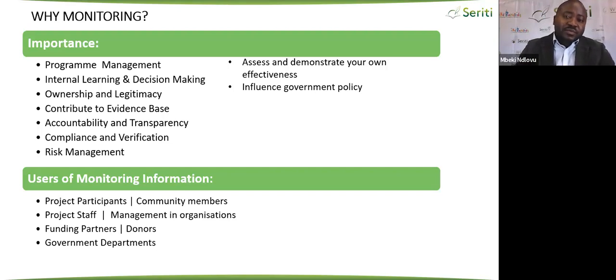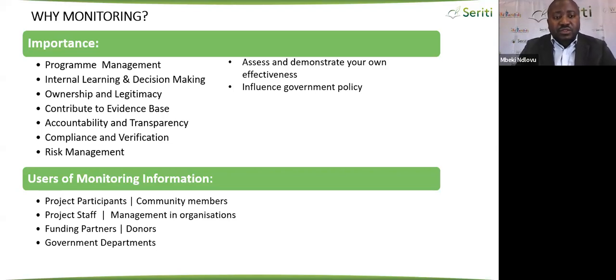And ultimately, the work that we do is supposed to shape government policy if we present it at the right places. Because if people can continue to implement projects and get lessons out of it, and then not share those, it becomes a lost opportunity.